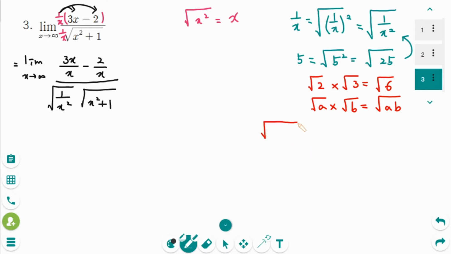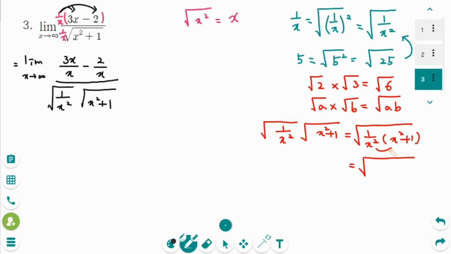Therefore, multiplying the square root of 1 over x squared by square root of x squared plus 1 is the same as square root of 1 over x squared times x squared plus 1. And then you can expand like this, 1, and this one is 1 over x squared.